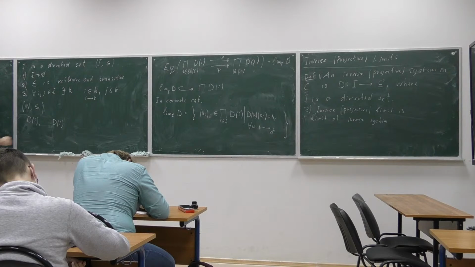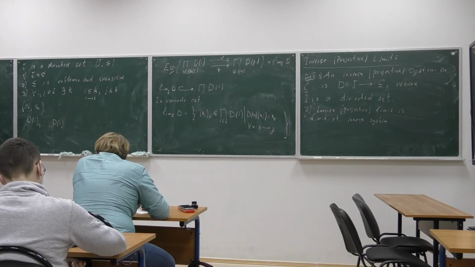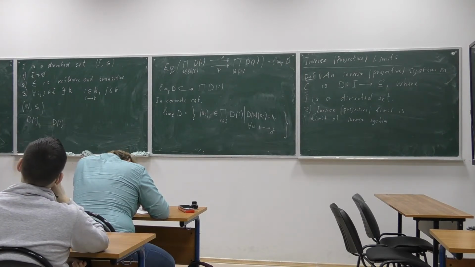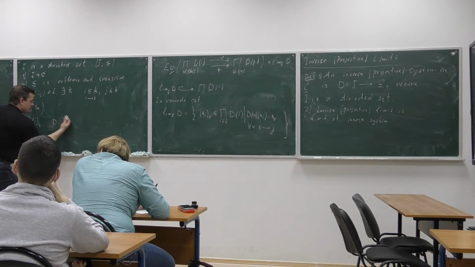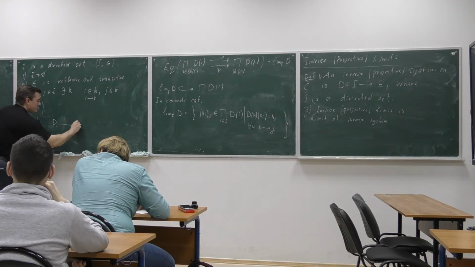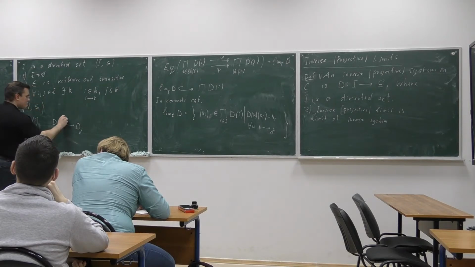When people want to give a definition of an inverse or projective system, they usually don't write this like d of i. They kind of want to pretend that there are no functors and categories, so they just write an object with an index i. And when I have two objects, there is a unique map between these two objects, say f_ij.